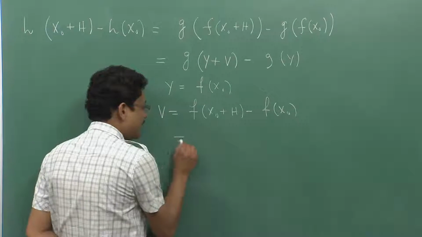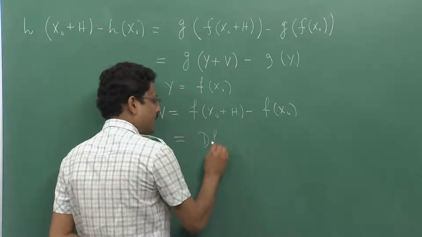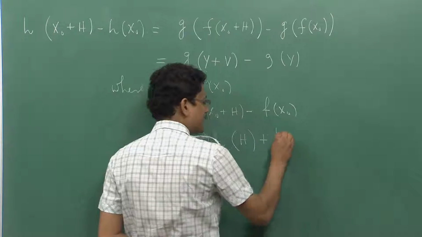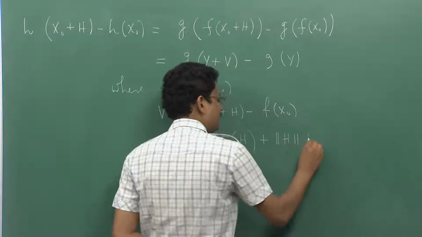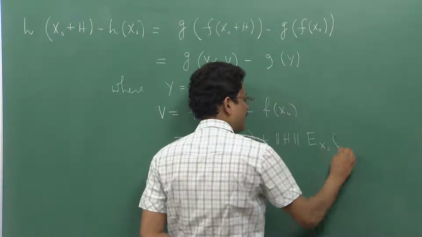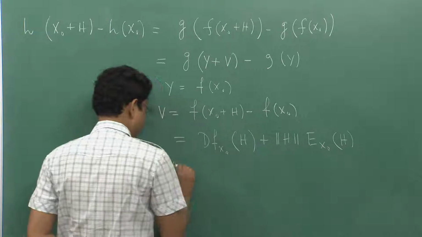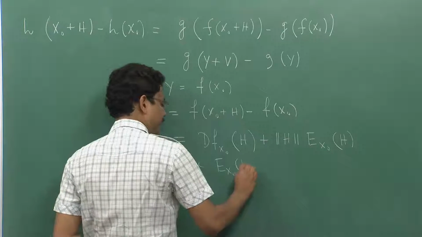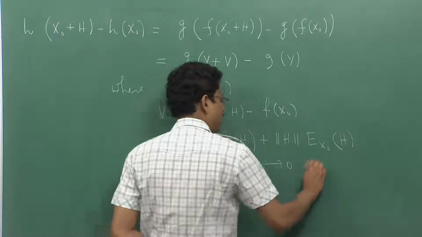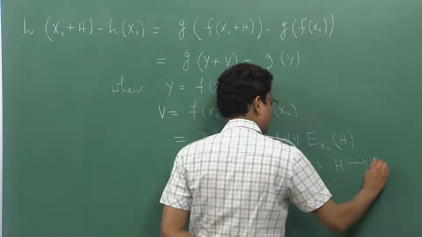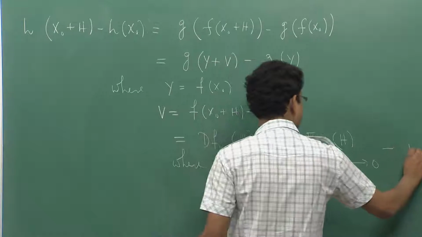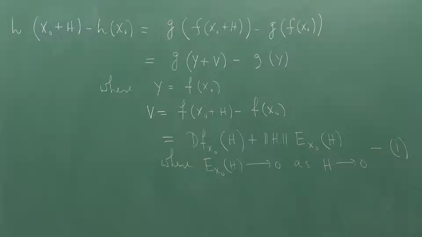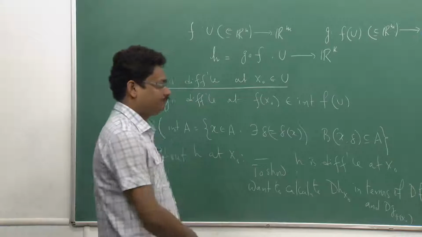I can write v as df at x naught acting on h, plus norm h times e(x naught, h), where e(x naught, h) goes to 0 as h goes to 0. Let us number this 1. Here I have used differentiability, the first assumption, that f is differentiable at x naught.